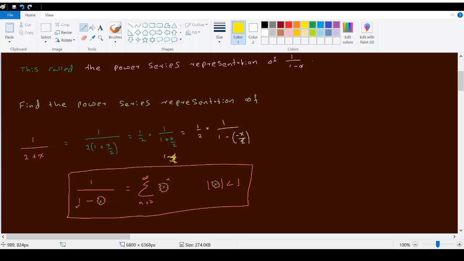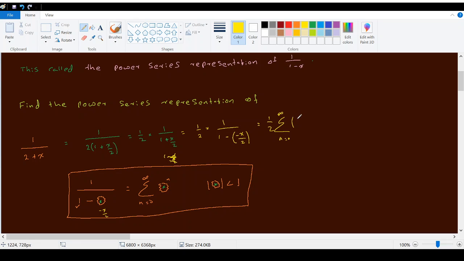So here for this term we have negative x over 2, right? So what we can do is we can rewrite it in the power series representation. Now half stays the same and it is multiplied with the sigma n equals 0, and for this term you will need to write whatever the term you have here, that means in here after this negative sign.